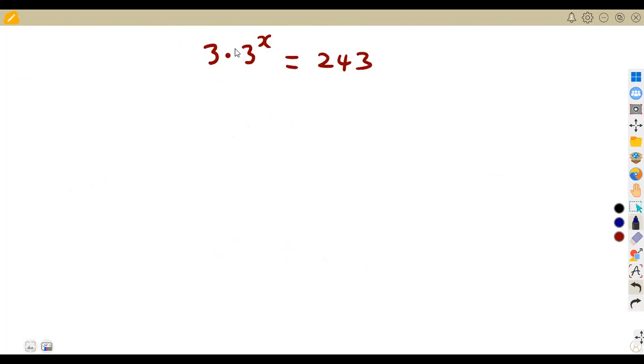Because this is a multiplication, to avoid unnecessarily big values, you can divide both sides by 3. That will be 3 to the exponent of x is equal to 243 divided by 3. Let us divide together and see what you're going to have.